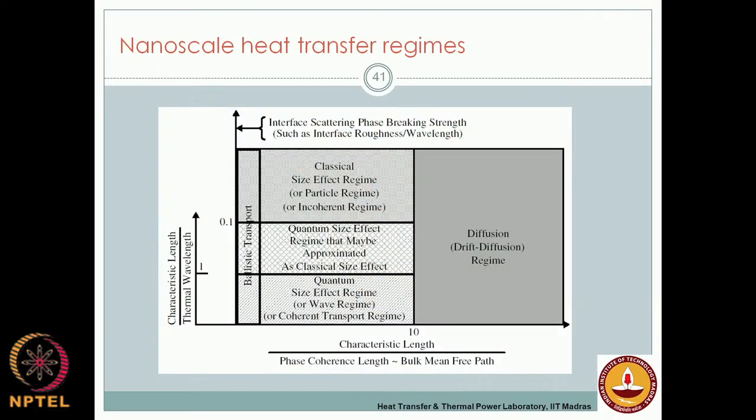As I already told you, we have wave-particle duality, and you can use either the wave approach or the particle approach, but the particle approach has a limitation: as long as your device dimension is much larger than your wavelength, the particle approach can predict very well.